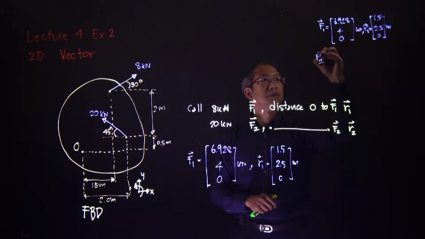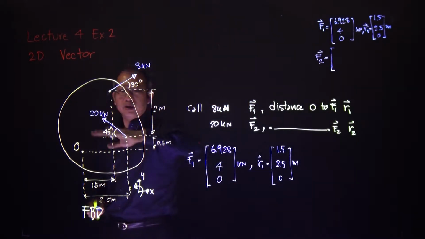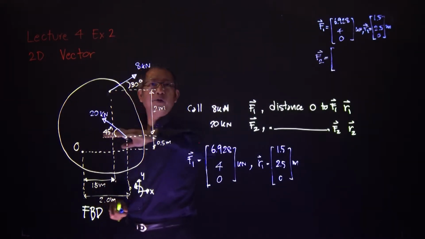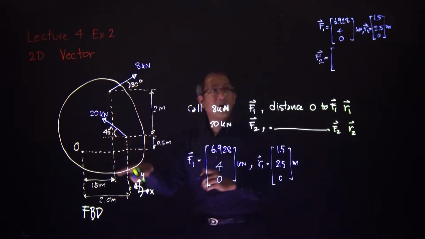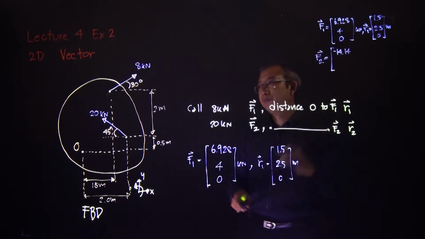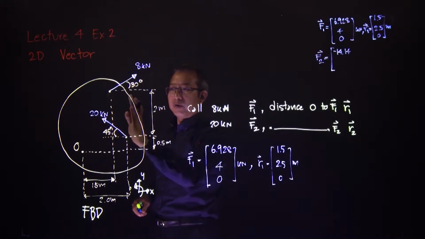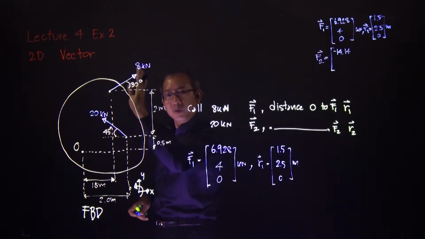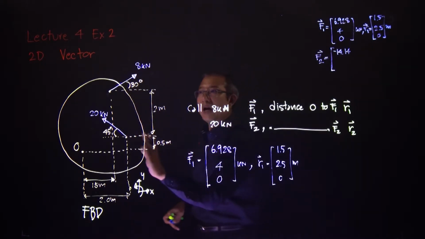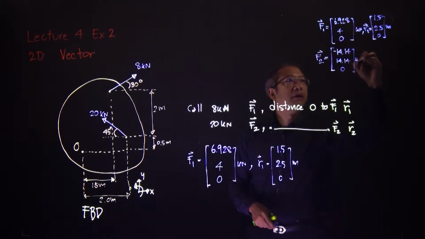And then F2 will be equal to: the first component is 20 cosine 45 going to the left-hand side, therefore a negative 14.14. In the y direction it is 20 sine 45 vertically, but it's going upwards, therefore it's positive 14.14, and nothing in z, kilonewton.